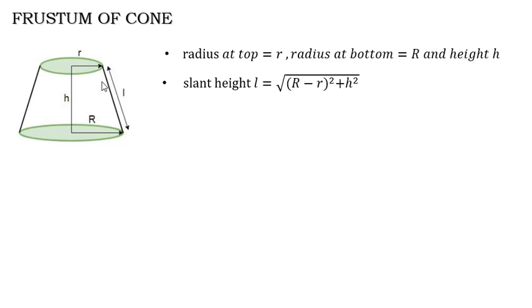If I draw a perpendicular from this point, I will get a right angle triangle in which I know the base, which is capital R minus small r, and I know the height. So I will use the Pythagoras theorem and find the slant height. Next we will find the curved surface area.